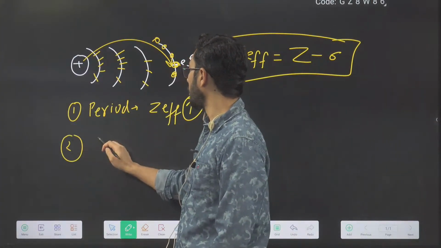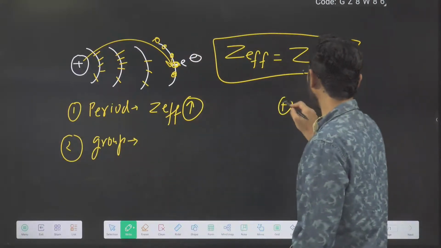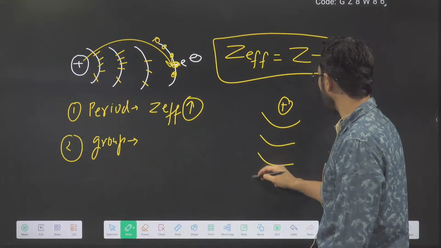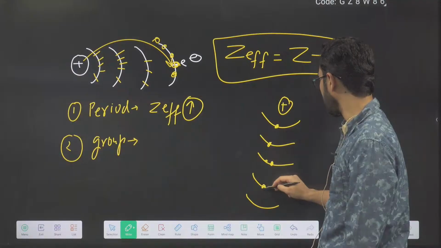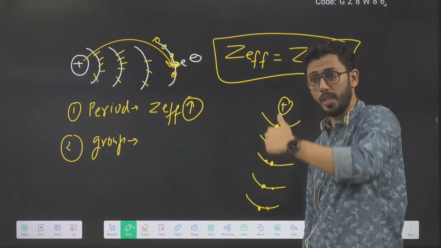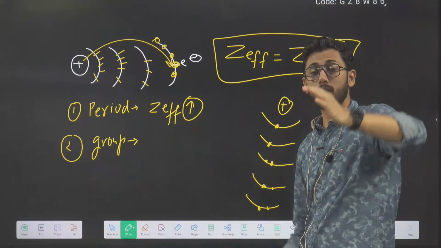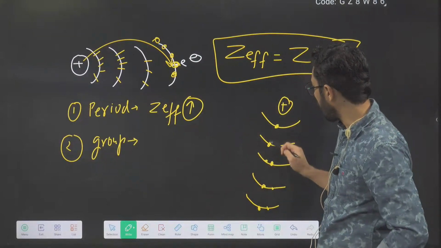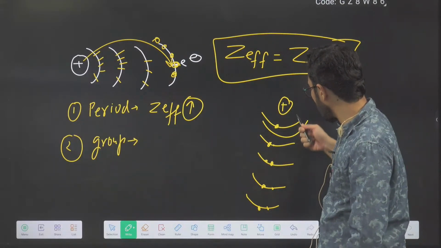Second, along the group, whenever we move across the group, electrons move to a new shell. Along the group, every time a new shell is added. When a new shell is added, more inner core electrons come in between: first the first shell, then the second inner shell, then the third with inner shells 1 and 2.